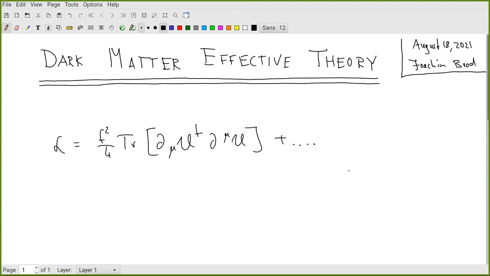This is an expansion in derivatives, and derivatives correspond to small momenta. In our case, these momenta are just the momentum transfer in the scattering process. So the expansion is effectively something like Q squared over M squared, where M is the nucleon mass or the dark matter mass. That's kind of our expansion.